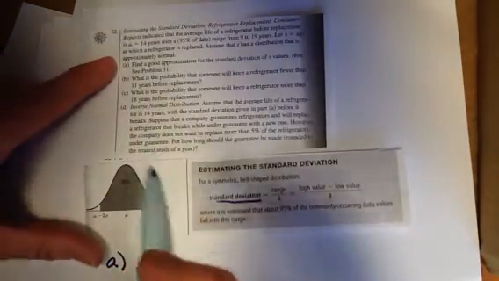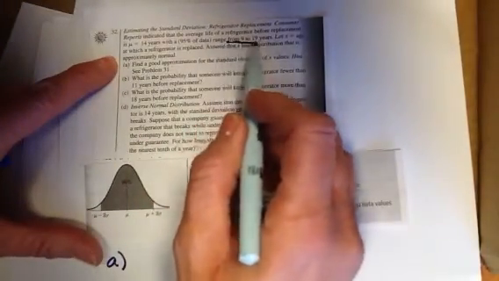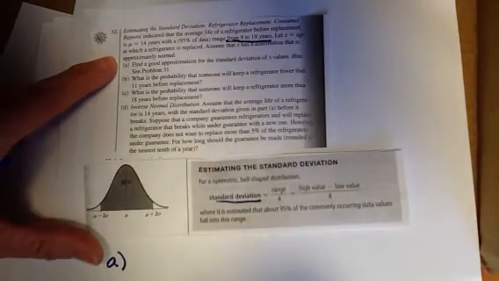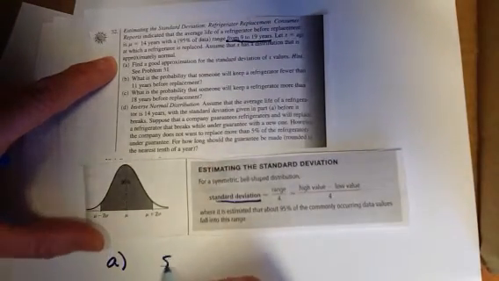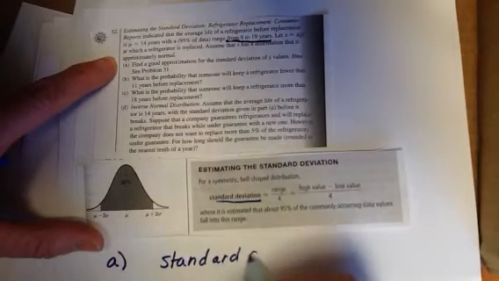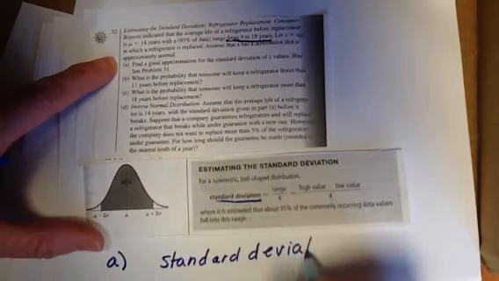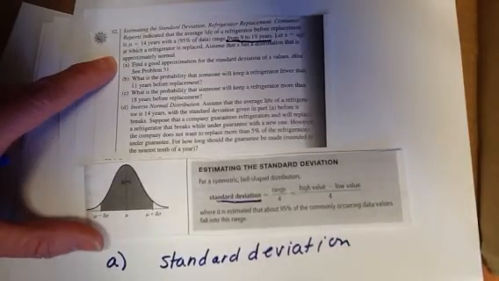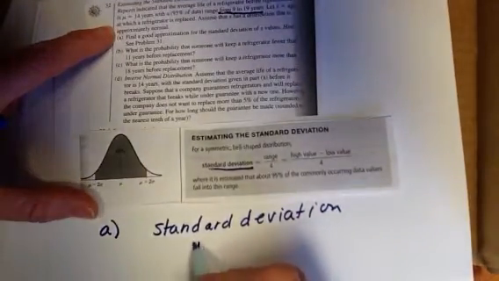Okay, so in this problem, it tells us that the range is from 19 to 9 years. So we can estimate our standard deviation, which, remember, the population notation for that is sigma.